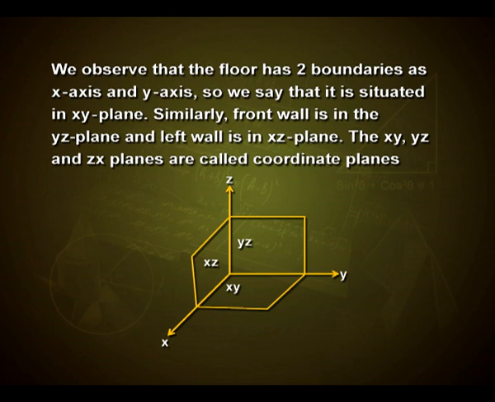So, we say that it is situated in the xy plane. Similarly, the front wall is in the yz plane and the left wall is in the xz plane. The xy, yz and zx planes are called coordinate planes.